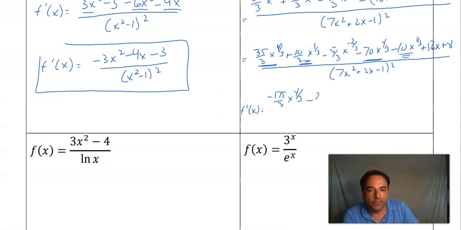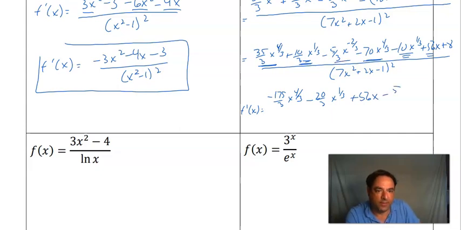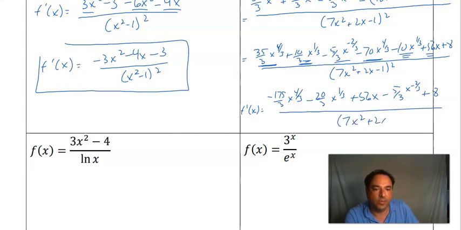So you have negative 20 over 3 x to the 1/3. Then we can put the plus 56x. Then we could put the minus 5/3 x to the negative 2/3. We can also bring that to the denominator if we wanted. Plus 8 all over 7x squared plus 2x minus 1 squared.